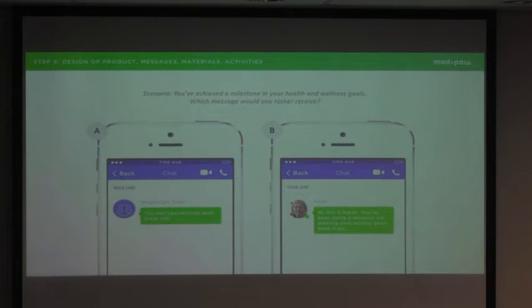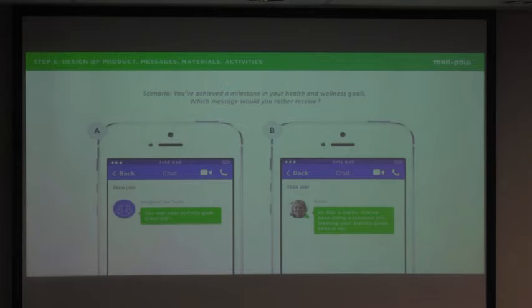The scenario: you've achieved a milestone in your health and wellness goals. Which message would you rather receive? The first, A, is: you met your activity goal. Great job. And it's from the ImagineCare team, a generic avatar. The second message is from Karen, a human face: Hi, this is Karen. You've been doing a fabulous job meeting your activity goals.